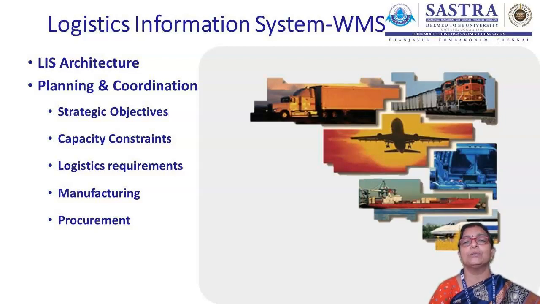So the objectives are based on the customer base, the breadth of the product and service, the planned promotions, and of course the desired performance level. All these are part of our strategic objectives of marketing.